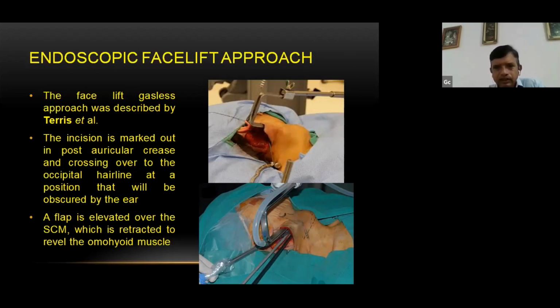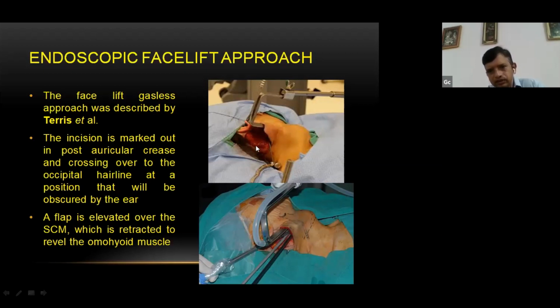And here is the cutting of the greater auricular nerve also. So it makes numbness over the ear, and sometimes hypertrophic scars, and the scar becomes visible. So these are the limitations, but this is the shortest route.